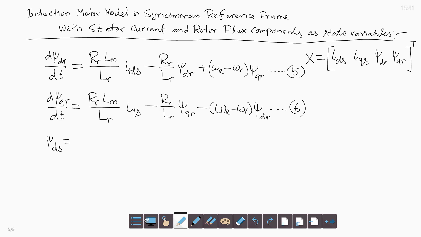Psi ds is nothing but Ls ids plus Lm by Lr psi dr minus Lm square by Lr ids, you can derive it.